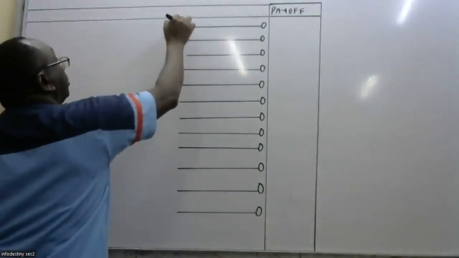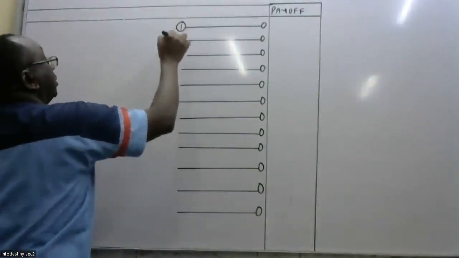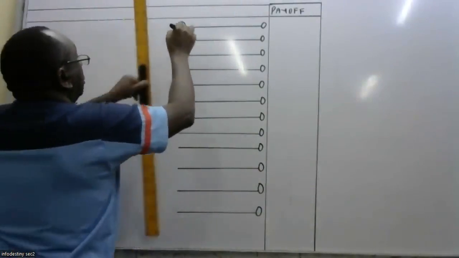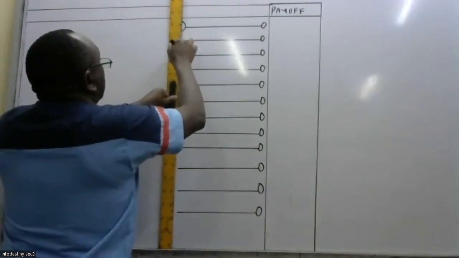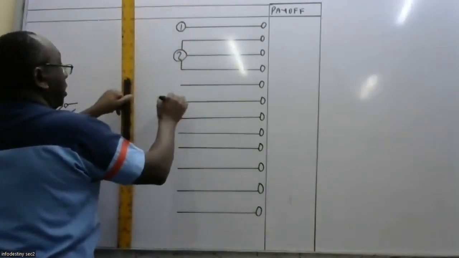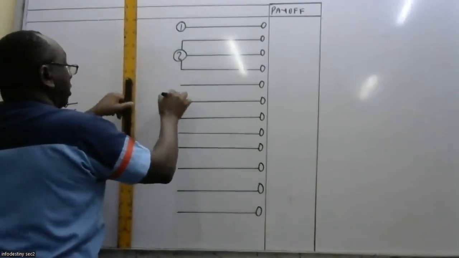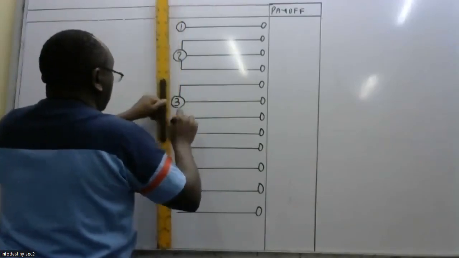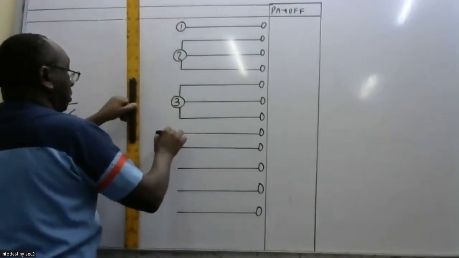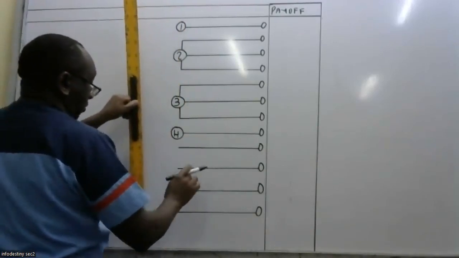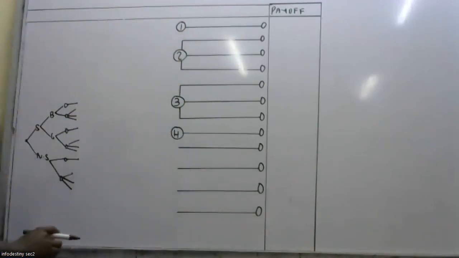So this one, we call it number 1. Then here we'll have number 2. Number 3. Have number 4. Is it like that?